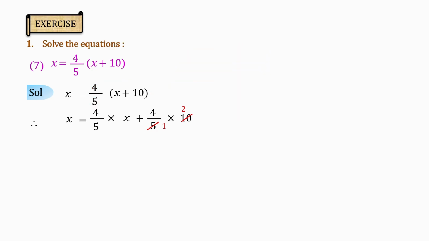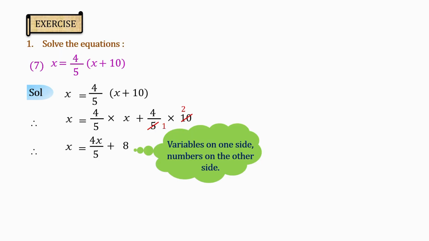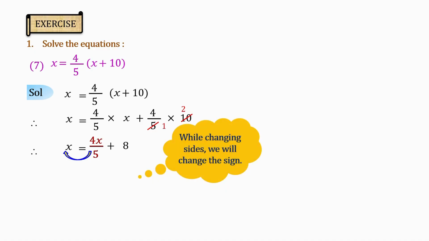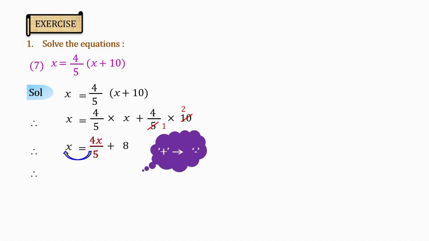We'll simplify this one. So 4x by 5 plus 4 into 2, that is 8. Now we are going to put the variables on one side and numbers on the other side. So we are going to shift 4x by 5 to the other side and we'll change the sign.